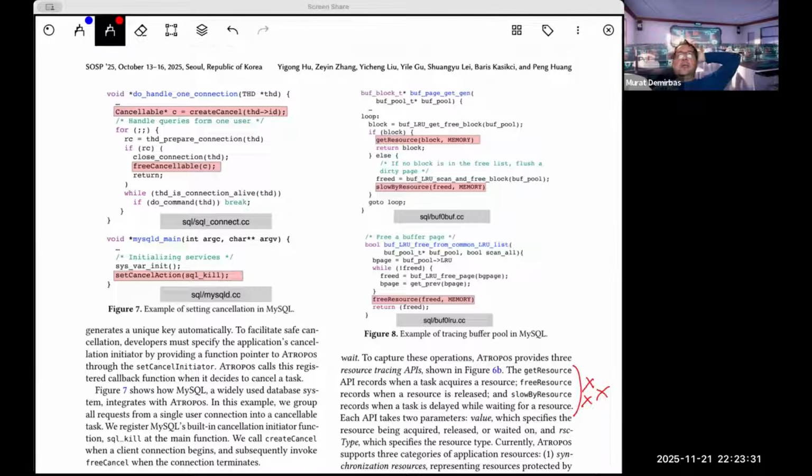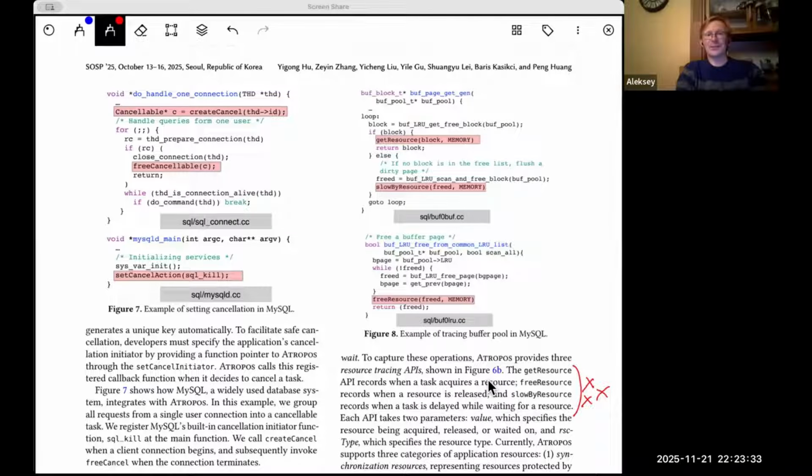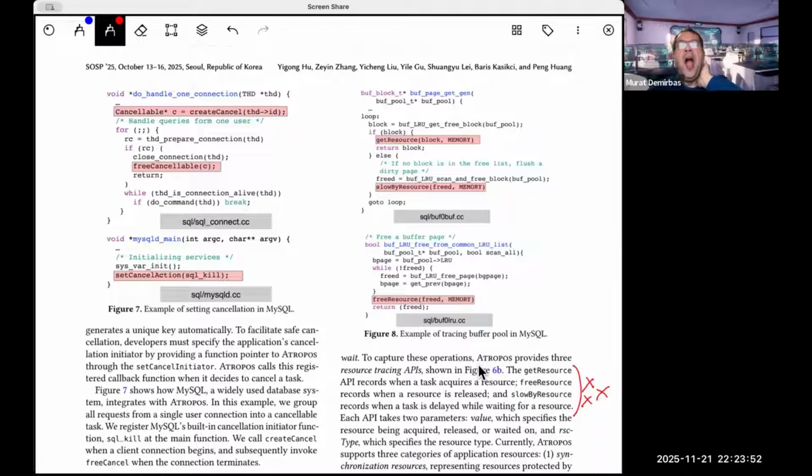But in that sense, we'll say get resource, I don't know, 1%. We'll say that I am going to use 1% of the CPU for this task, which is very hard to estimate on a per task basis.